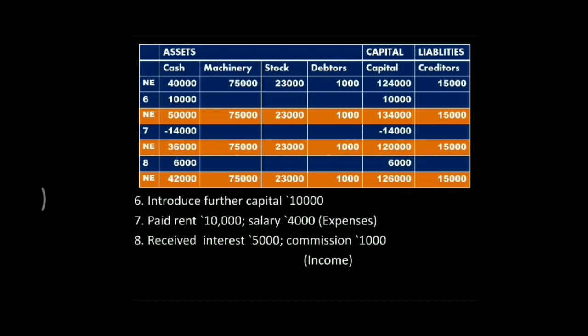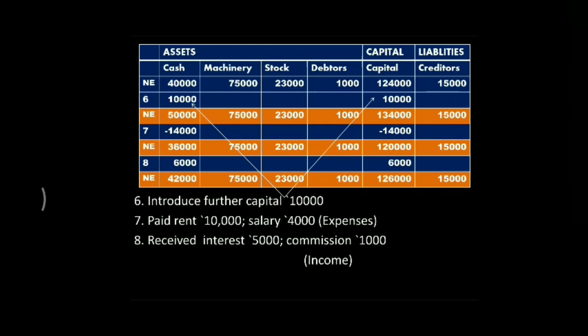Then again we will see a few more transactions, that is, introducing further capital. When further capital is introduced, it results in an increase in cash and an increase in capital. Earlier we read what transactions result in an increase of capital. One was the introduction of capital, which results in an increase in cash and an increase in capital.